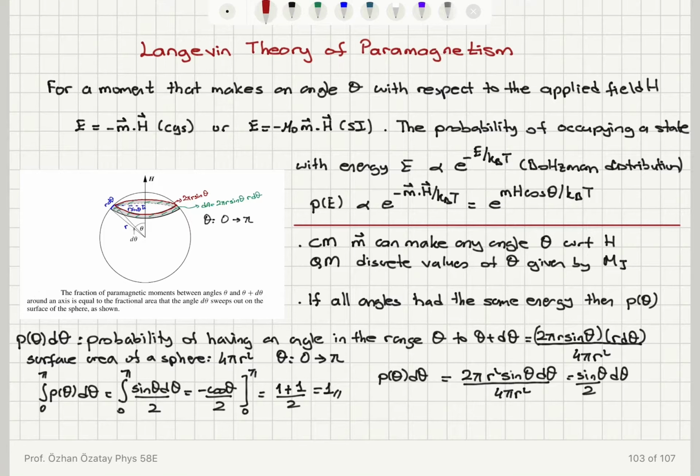Okay, but each angle has an associated energy. So this is not the right way to think about the probability distribution of angles.